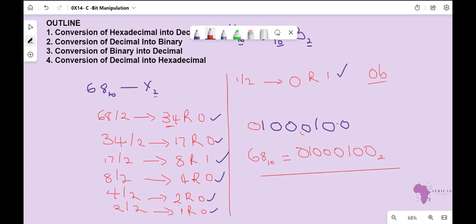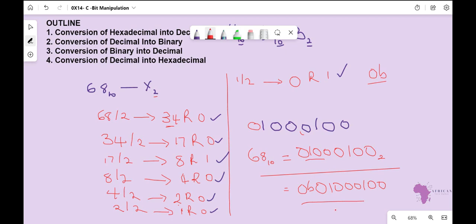So our answer will be 0b followed by 0 1 0 0 0 1 0 0.